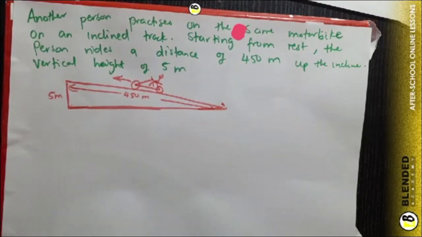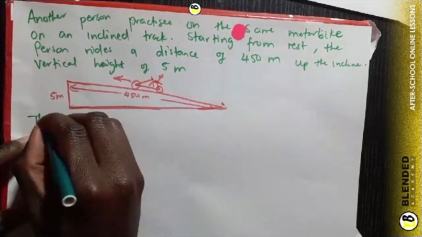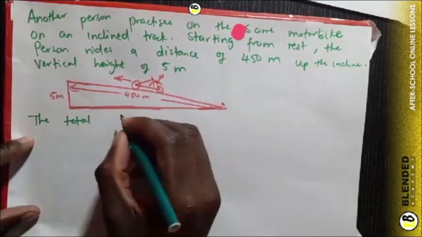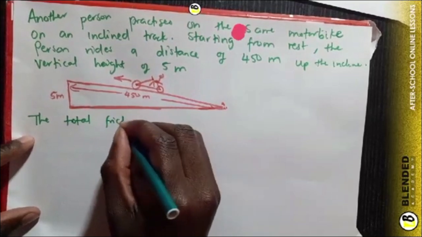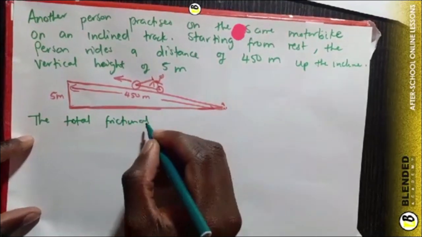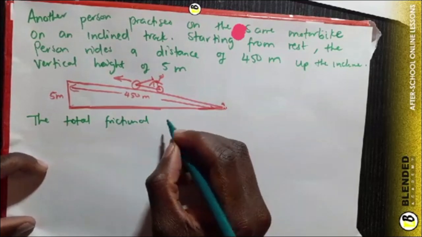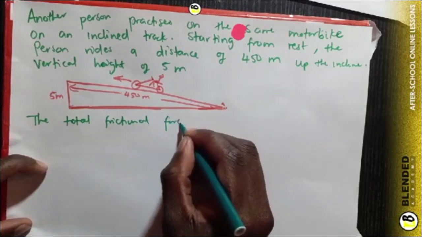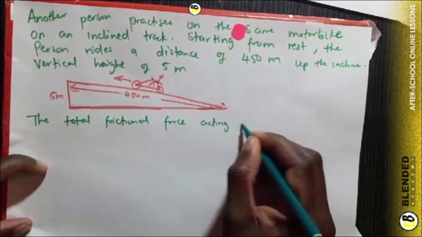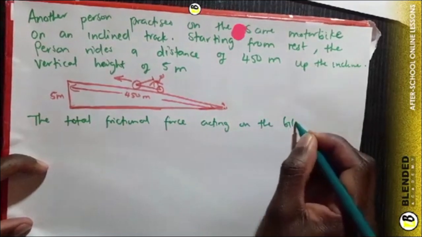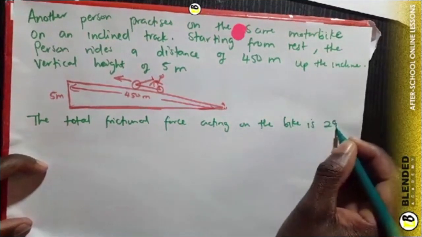The question goes further and says the total frictional force acting on the bike is 294 newtons.